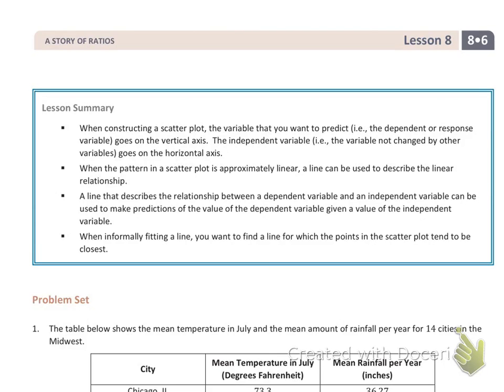When the pattern in a scatter plot is linear, then you can fit a line to describe that linear relationship. And so it describes the relationship between the two variables, and it can be used to make predictions for a given value of the independent variable.